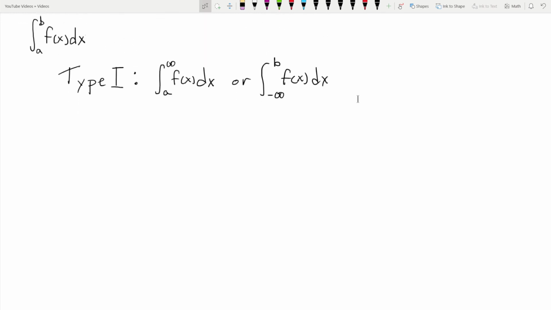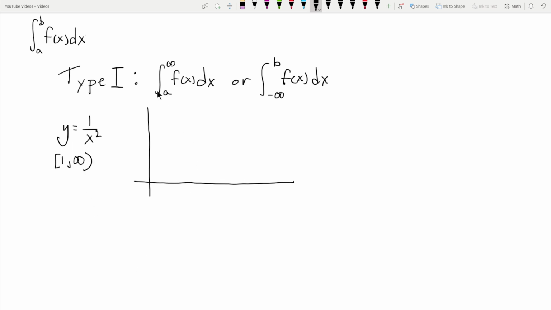And let's take a look at an example. I'm going to use as my first example the function y equals 1 over x squared. And so if I have y equals 1 over x squared, and I take a look at the graph in the first quadrant, and we'll use as our interval of integration from 1 to positive infinity.